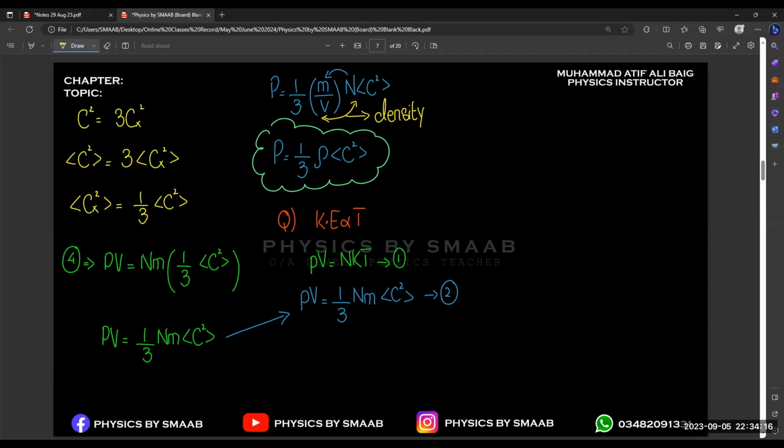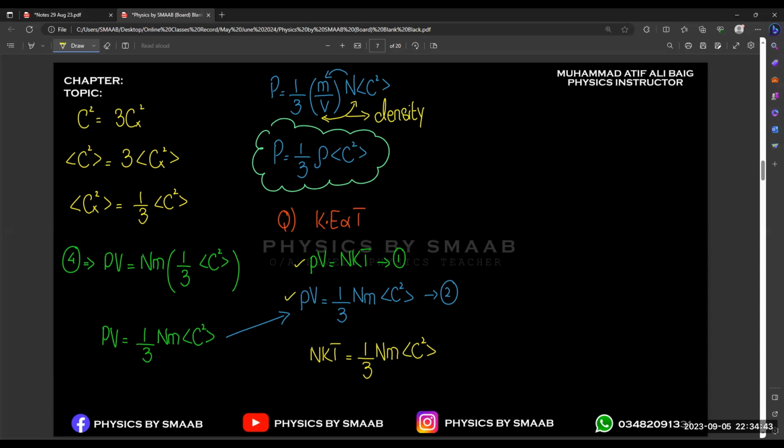So comparing the equations will give you the result NkT, right? Because the left side of both equations is the same, so we can easily compare their values by writing one value on the left hand side and one on the right hand side.